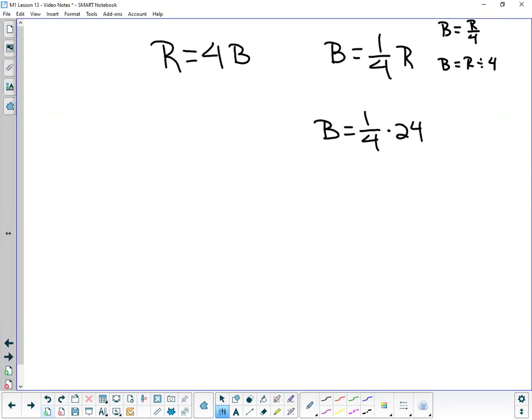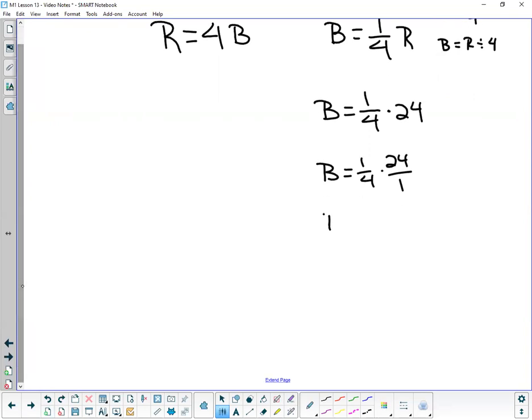So that means I'm going to do B equals 1/4 times 24 over 1, which is going to be equal to 24 divided by 4, which means that I need 6 gallons of blue paint. 24 divided by 4 is 6.